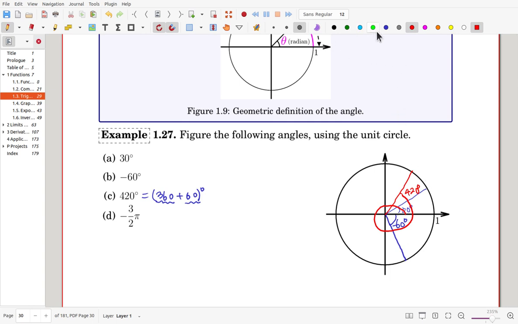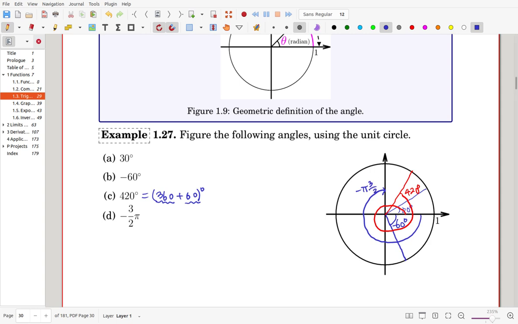Okay. Now for the final one, that is minus 3 over 2 pi. You can consider that 90 degrees is pi over 2. So minus pi over 2, minus 2 pi over 2, minus 3 pi over 2. So you get turning negatively, and that angle is minus pi times 3 over 2.